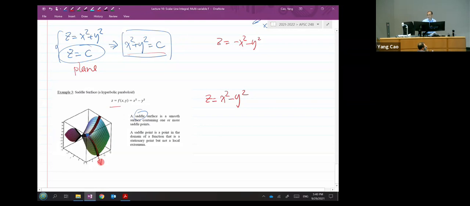But if you go this way, then you're going uphill. So this point, what we call a saddle point.